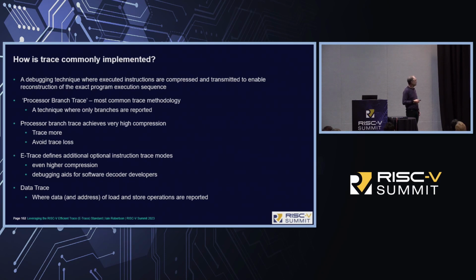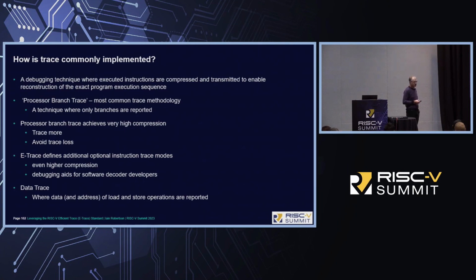Using this approach, you can achieve very high compression, and high compression means you can trace more. If you're tracing into a buffer, then you can get more information in there. Alternatively, you may be able to trace more cores at the same time. eTrace is a form of processor branch trace.